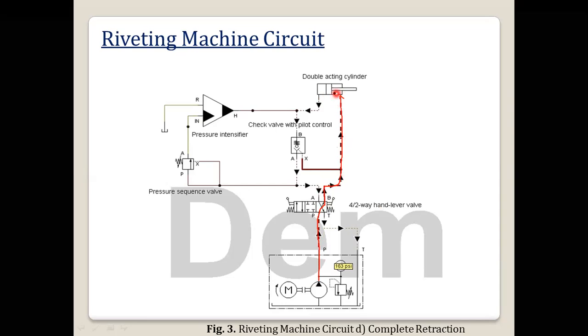From the rod side, the piston will move backward very fast. Here you can see this is the closed position, but we have the pilot operated pressure. So the pilot line will be acting at the inlet. Due to this, the ball will open and oil can flow to port A and to the tank. In this way the riveting circuit will work.